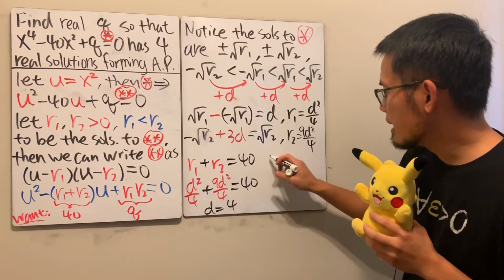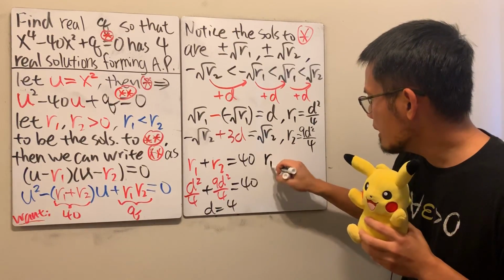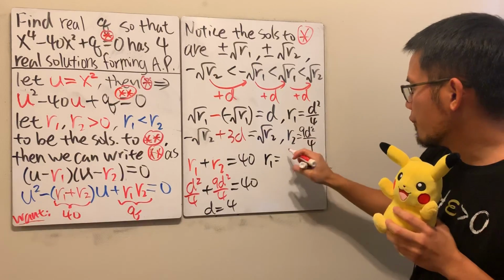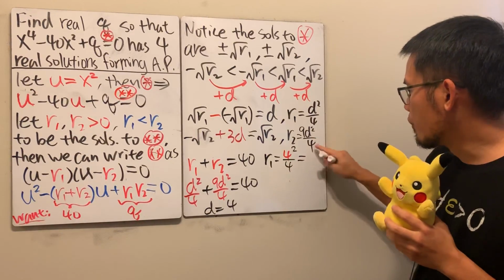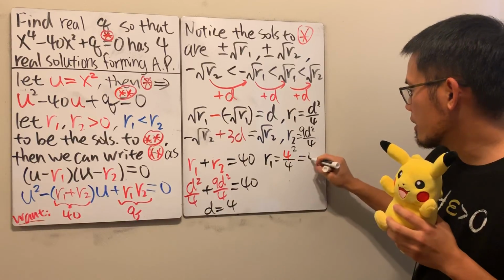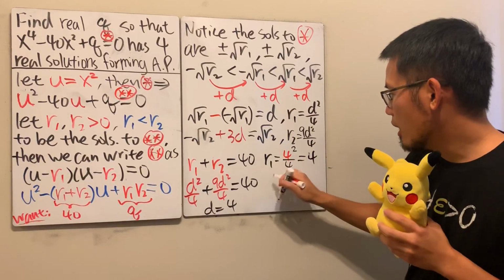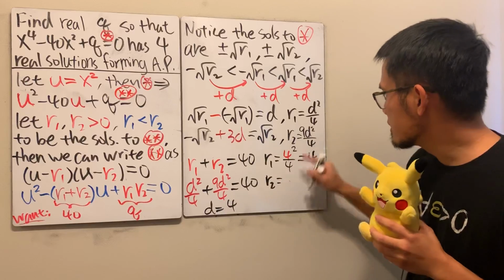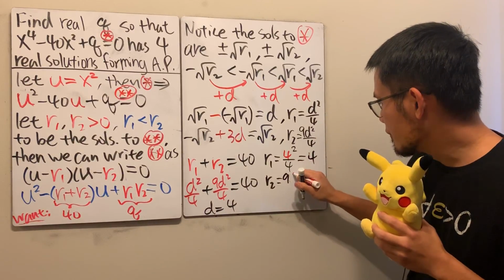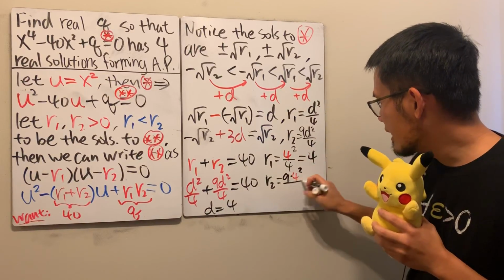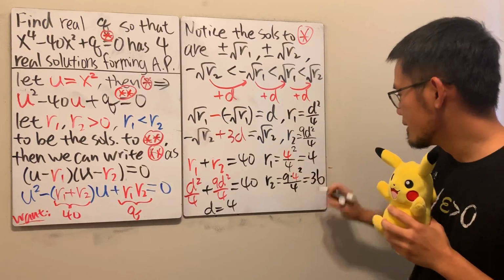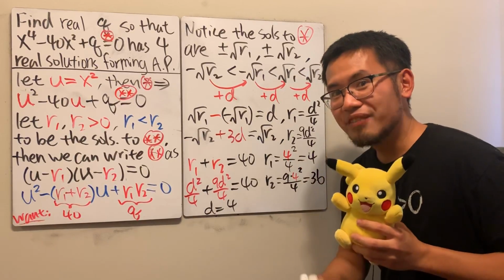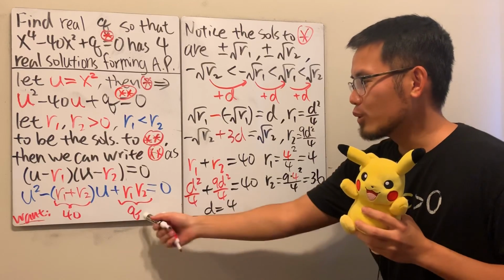So with that being said, you will see that R1 is just nicely equal to 4 squared over 4, and that's 16 over 4, so that means R1 is equal to 4. And then R2 is just 9 times 4 squared, and then divided by 4, that's 36. Yeah? Just like that. And finally, I want to figure out q, right?